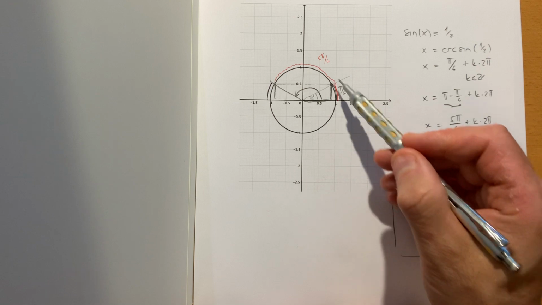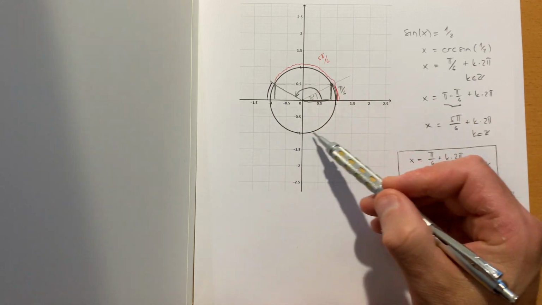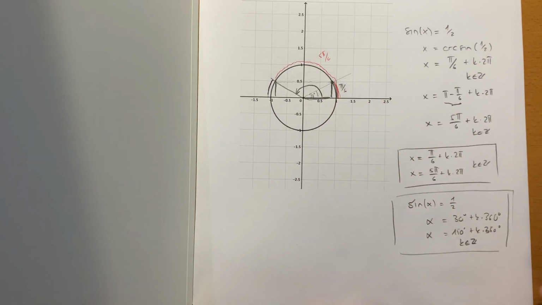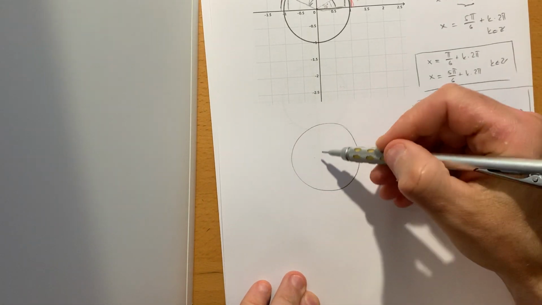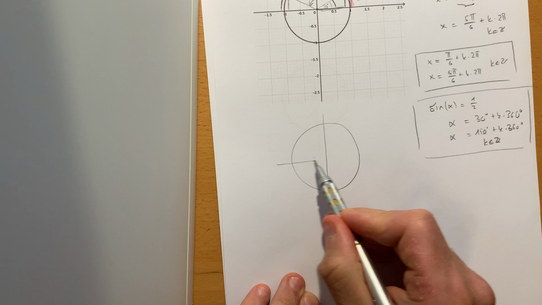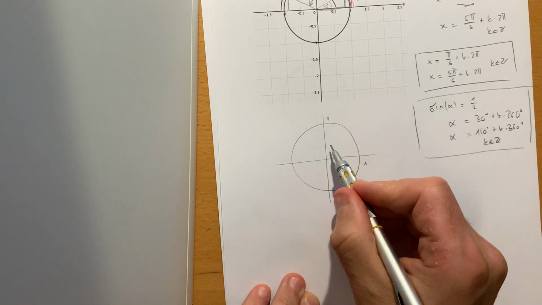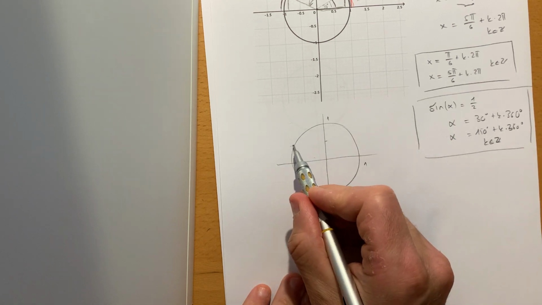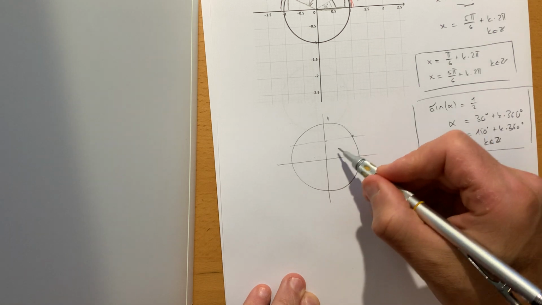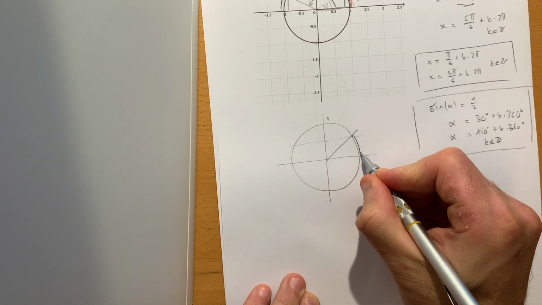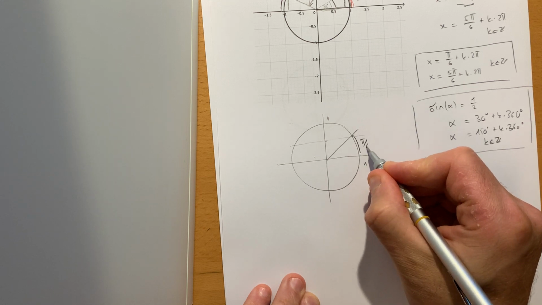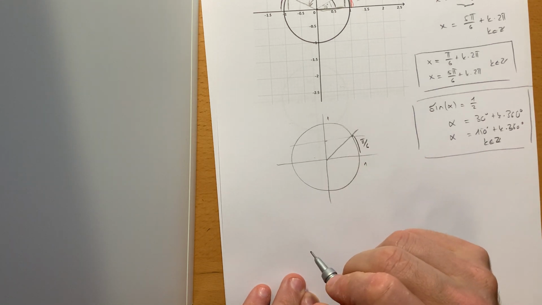Well, please know one thing, you don't have to have a sheet like this. You could always do it by just making a quick hand sketch, and then you say, well, this is 1, 1, and this is 0.5. So this will be your 30-degree angle, or this is going to be your pi over 6, which corresponds to 30 degrees.